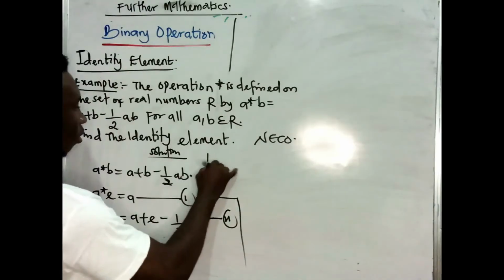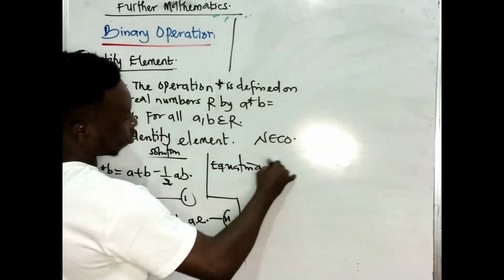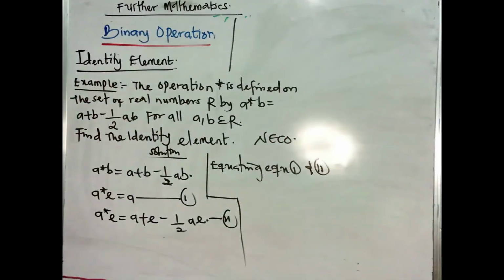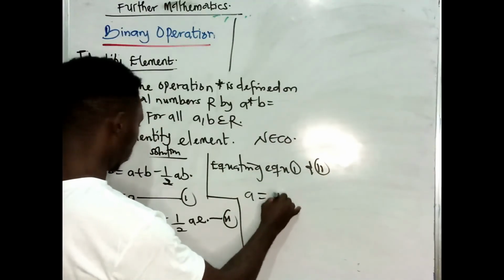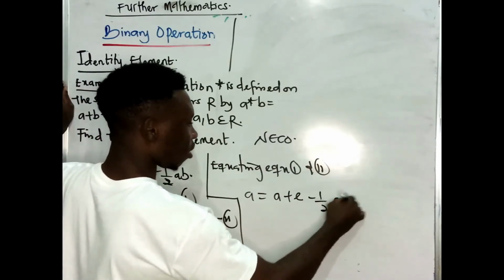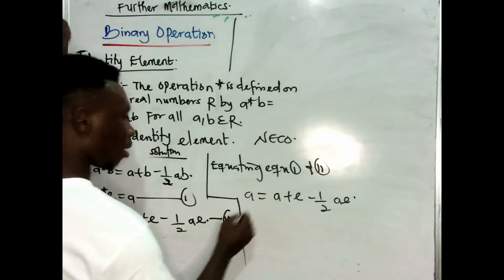So since I call this equation 2, something is common here. So what are you doing? You are equating equation 1 and 2. So since you are equating equation 1, A here is now equal to A plus E minus 1 over 2AE. So at this junction, you can multiply all through by 2.